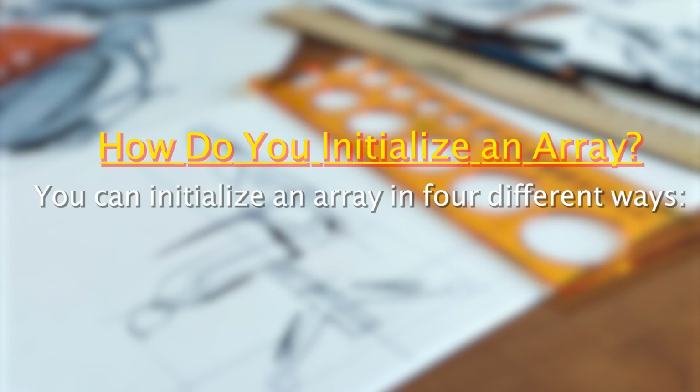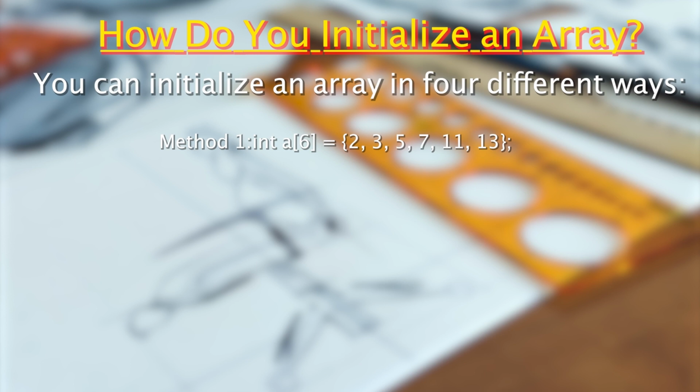Now, how do we initialize an array? You can initialize an array in four different ways. There are four methods basically: method 1, method 2, method 3 and method 4. In method 1, we have to store the marks of 6 students. We declare int as the data type, then the array name a, and in the brackets we pass the size, 6, because we want to store the marks of 6 students.